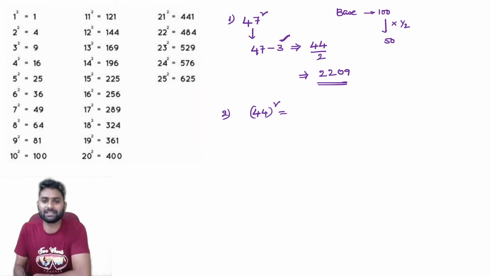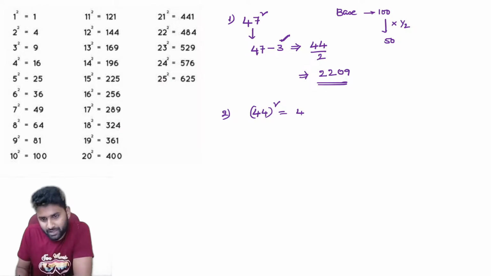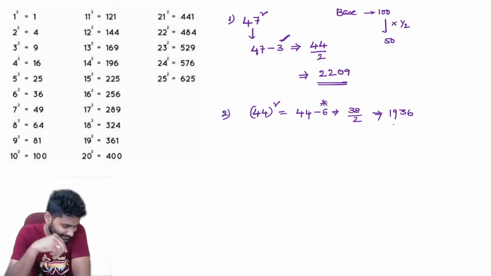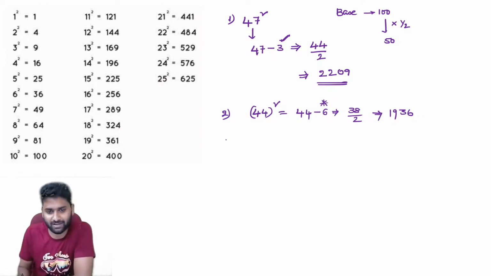Now 44 is less than 50 by 6 units. 44 minus 6 is 38. Now 38 is divided by 2, exactly equal to 19. If you are subtracting 6, you have to take the square of that number. The square of 6 is 36. Answer 1936. Very good, Nana.